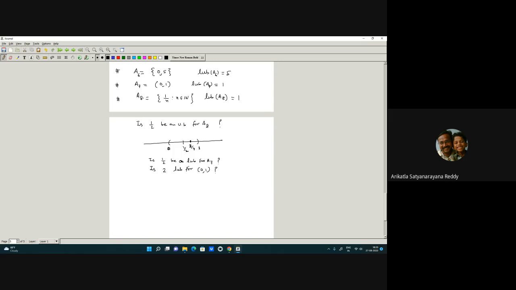Which property of the least upper bound is it failing? To show a least upper bound there are 2 properties, right? Which property is failing? Sir, the second property. Why is the second property failing? Why is 2 not a least upper bound for the open interval 0, 1? Okay, so Preeti, can you tell?